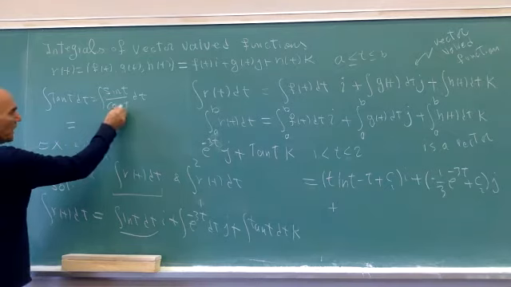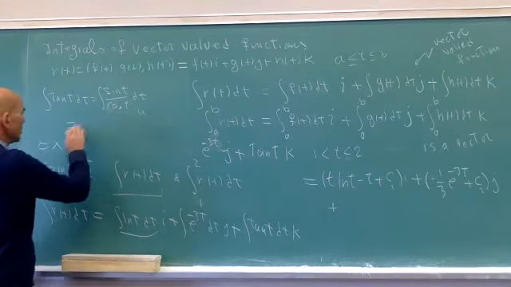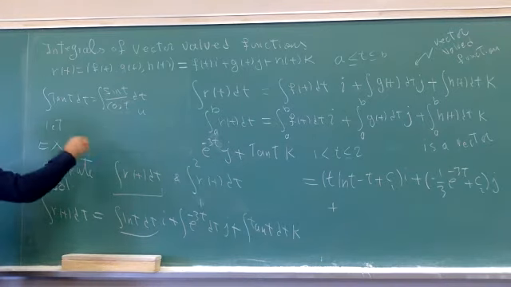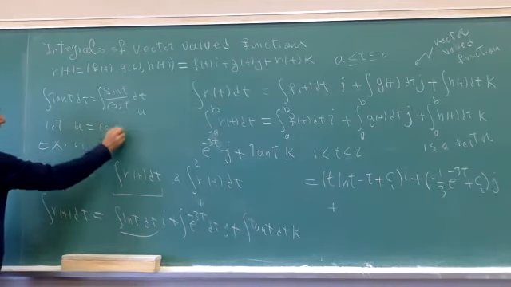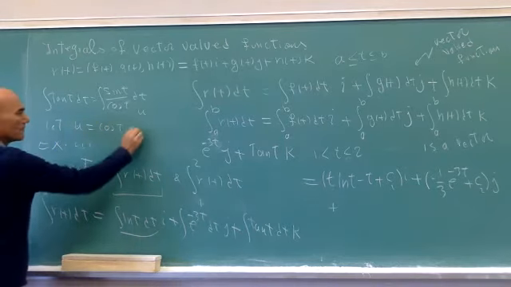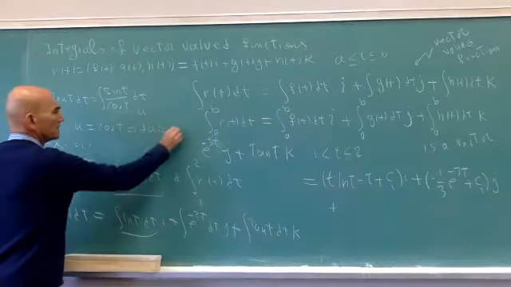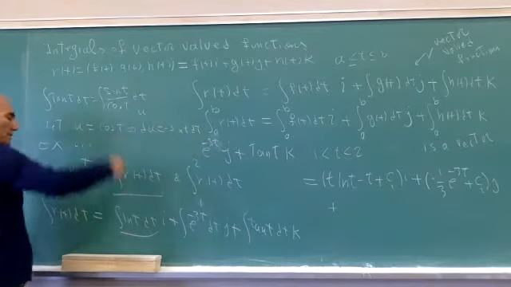So you can take this as your variable, for example, u. I'm just doing a change of variables so that the steps become clear to you. Let u equal cosine of t, then du is equal to negative sine t dt. So the top part is negative du.